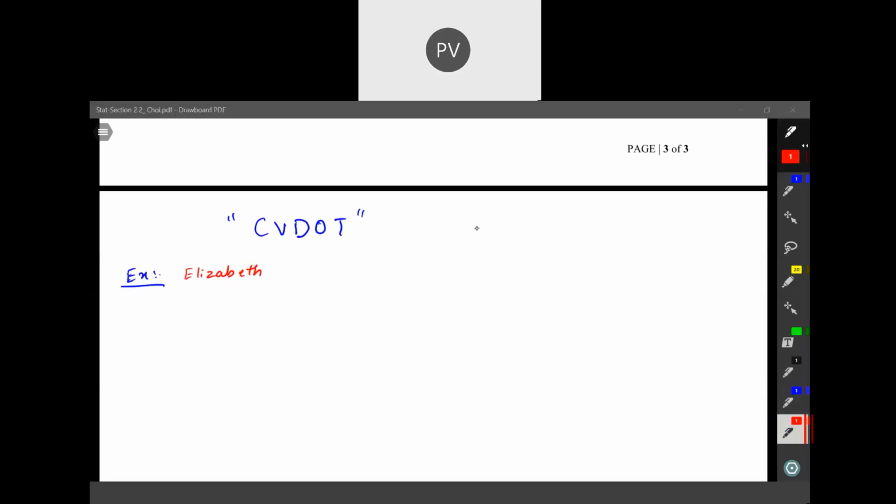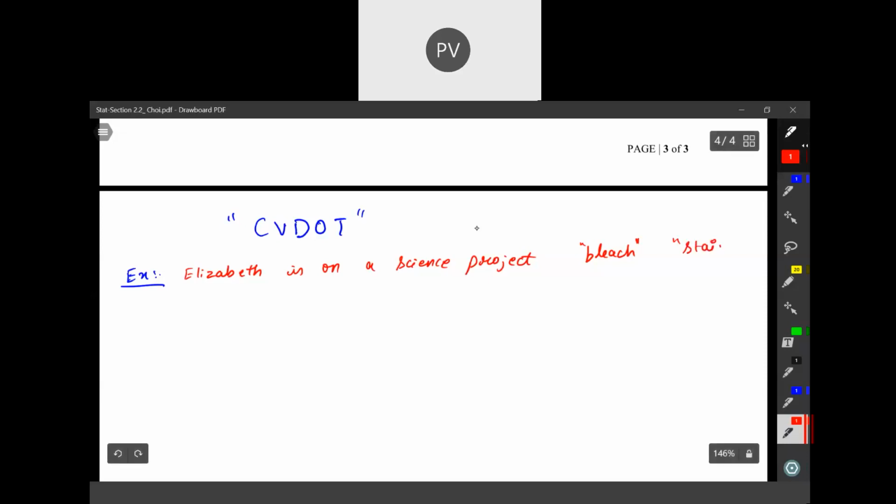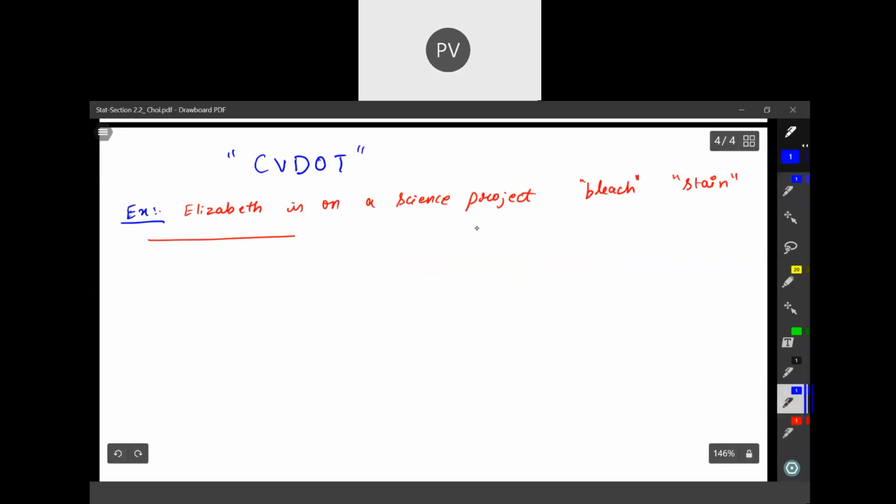Let's say that Elizabeth is working on a science project and she wants to know how many times the bleach will remove the stain completely. Okay, and a frequency distribution table looks like this. This is the type of stain, and this is the number of times the bleach can remove it.